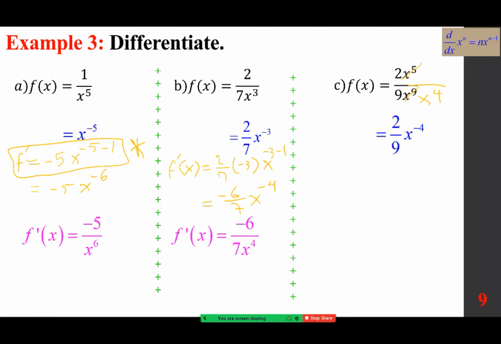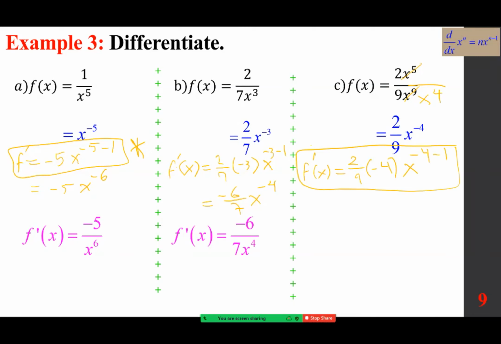We bring it up, and now we are ready to do the only calculus step, which is 2/9 times -4 x to the power of -4 minus 1. And again, I box this.